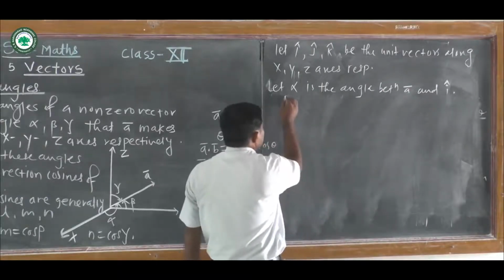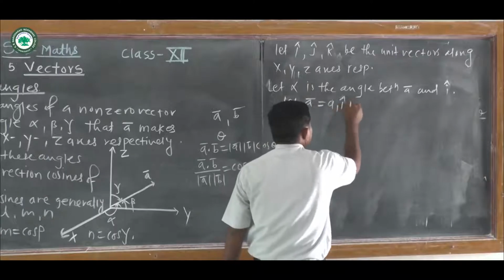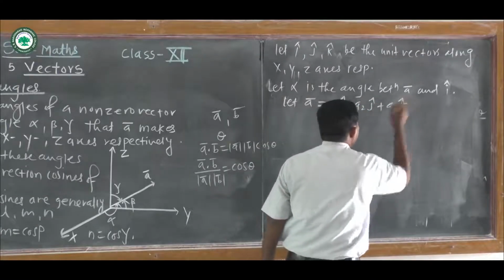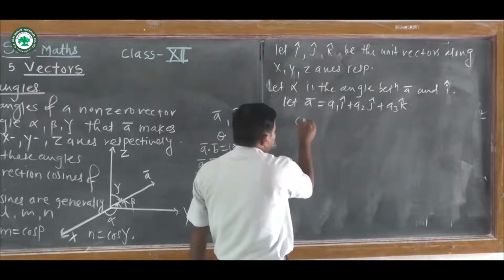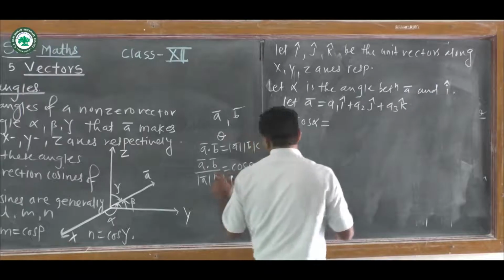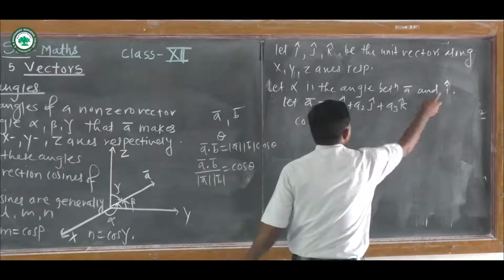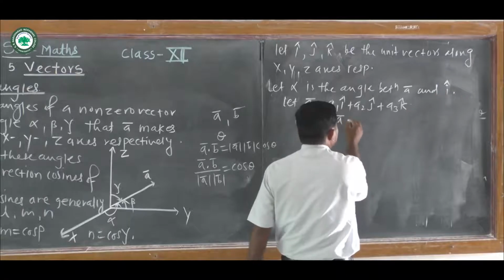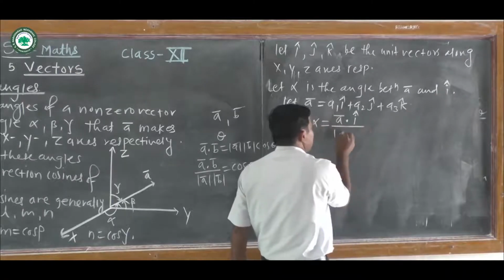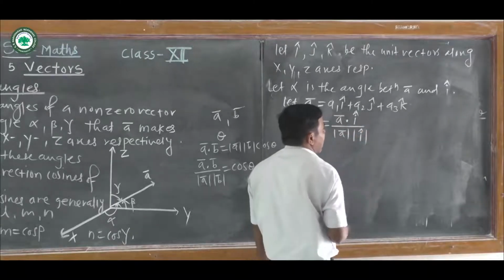Also here, given a bar is equal to a1 i cap plus a2 j cap plus a3 k cap. Then what is cos alpha? Cos alpha is equal to a bar dot i cap divided by magnitude of vector a into magnitude of vector i cap.